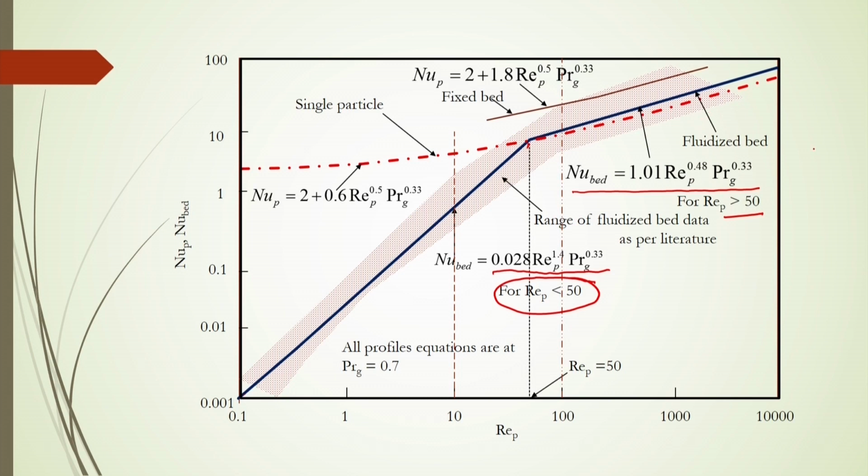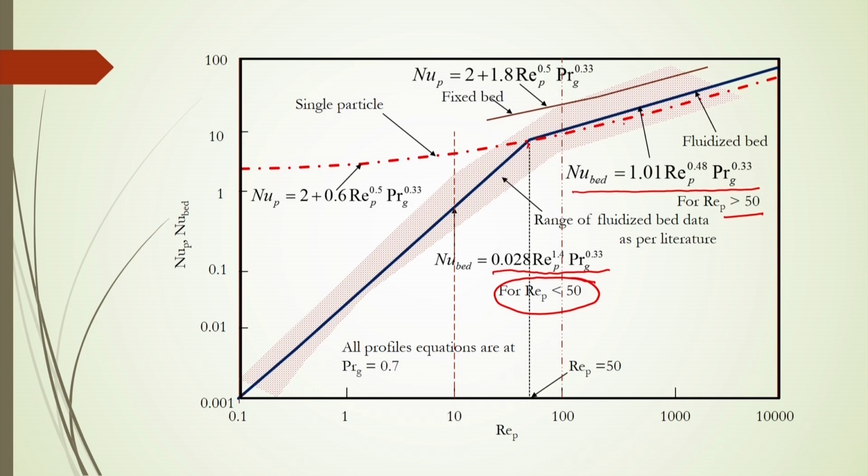Another important point: if we consider the fixed bed, then the Nusselt number of the particles will be represented by this equation, which is 2 plus 1.8 into Re_p to the power 0.5 into Pr to the power 0.33. In this case, for fixed bed operations, the heat transfer coefficient of the single particles will be higher than the single particle heat transfer coefficient in fluidized bed condition.